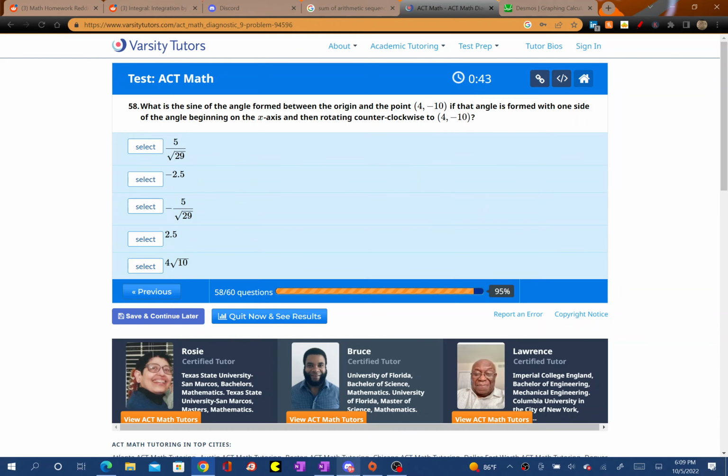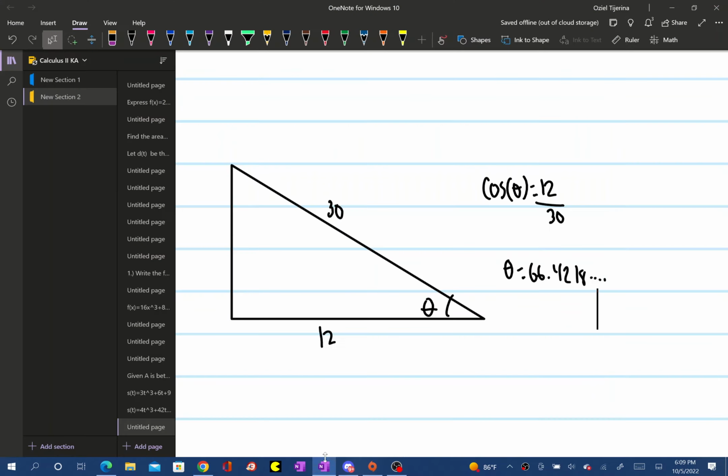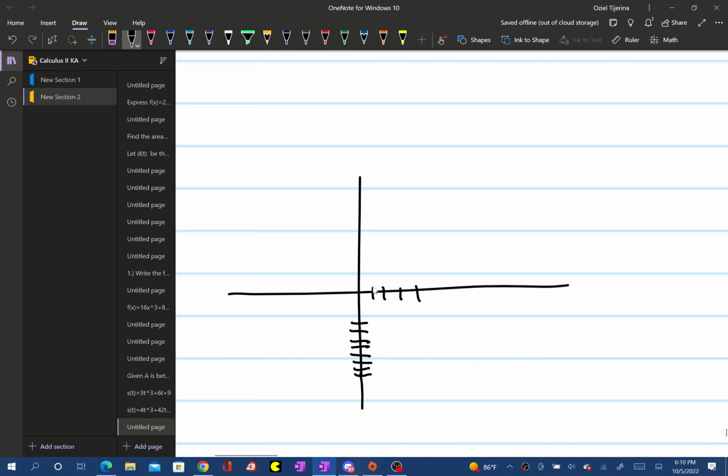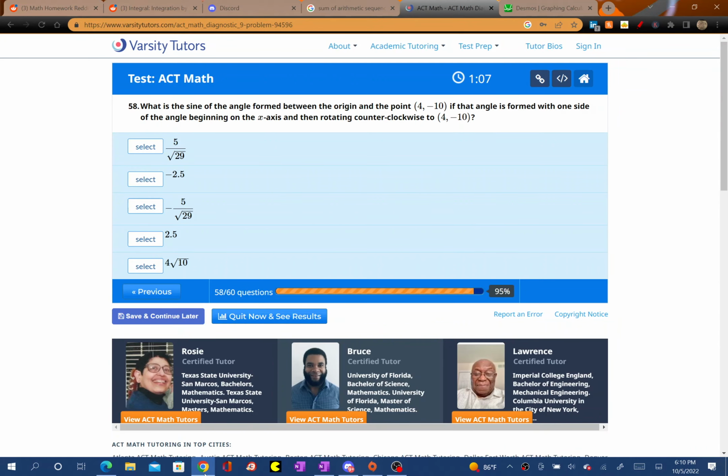I think they want us to do, it'd be like 4, -10, so be like right here, and then, you know, the origin is right here. And it wants us to do like between the origin and that point. And then rotating counterclockwise.